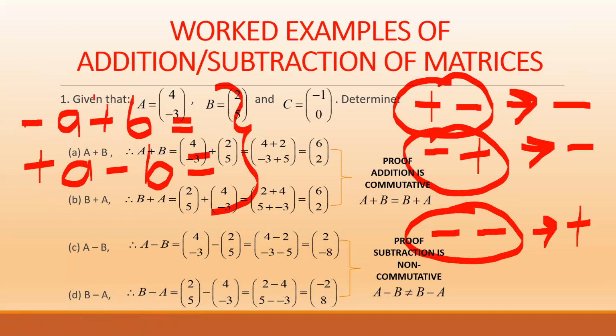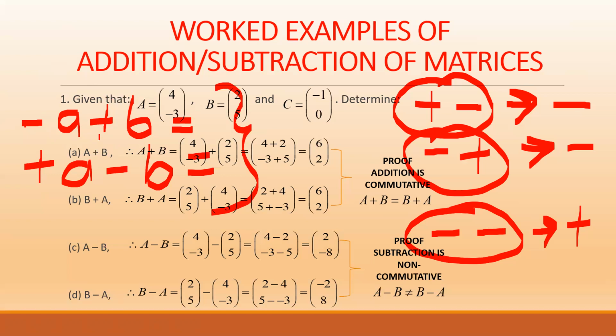So anytime the problem looks like this, guys, whenever you're adding or subtracting numbers and they occur like this, where you have a plus or a minus sign, it means that you're to subtract and keep the sign of the bigger absolute value. So when the signs are different, you subtract and keep the sign of the bigger absolute value.